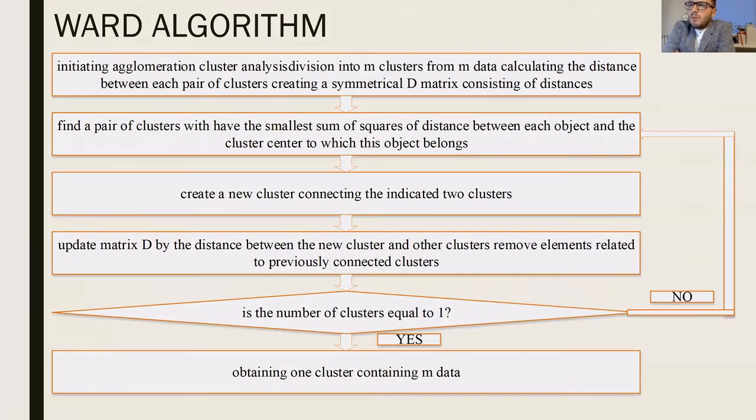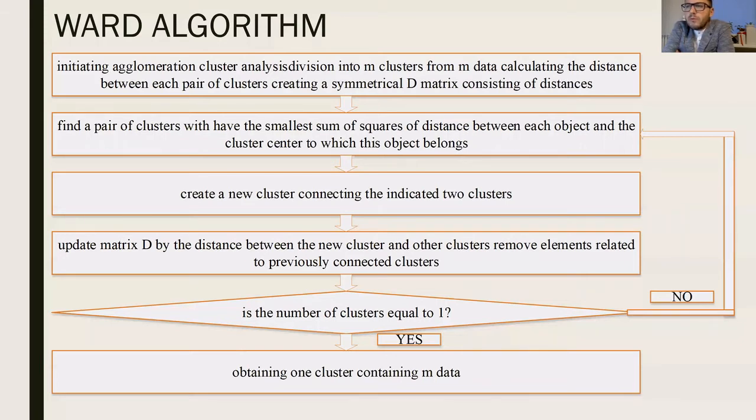How does the Ward algorithm look? It's presented here in this slide. Initially we start the agglomeration cluster analysis with division into M clusters from M data. So as I mentioned, firstly we have all data separately, and then we calculate the distance between each pair of clusters, creating a symmetrical D matrix consisting of distances.